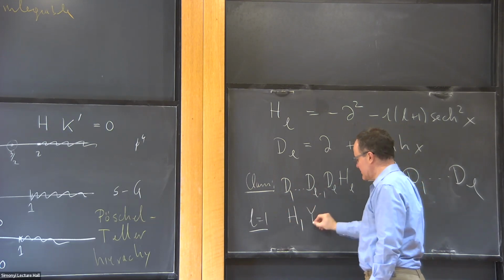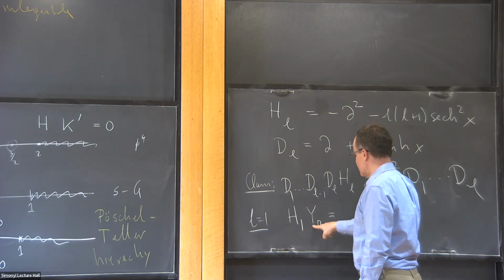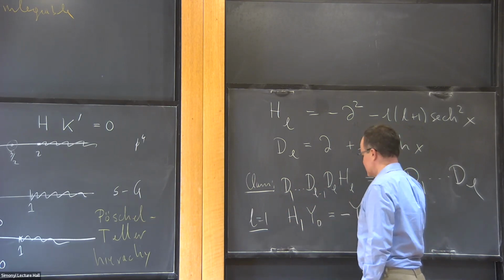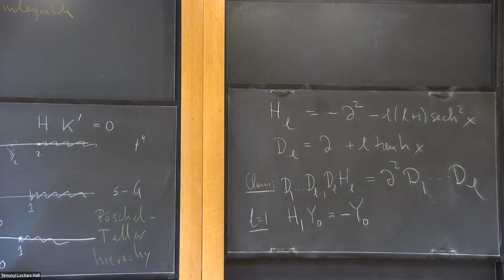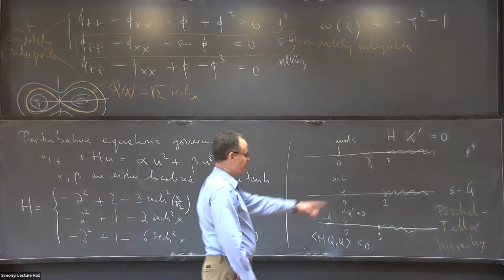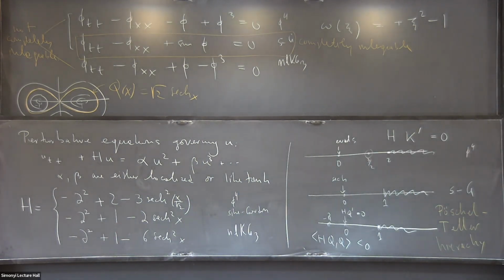This has the property that it maps y0 to minus y0, because my h1 didn't shift by the 1. So the translation mode is this minus y0. So h1 plus 1. So what is y0? y0 is the derivative of the sine-Gordon kink, which is sech. So y0 is sech.